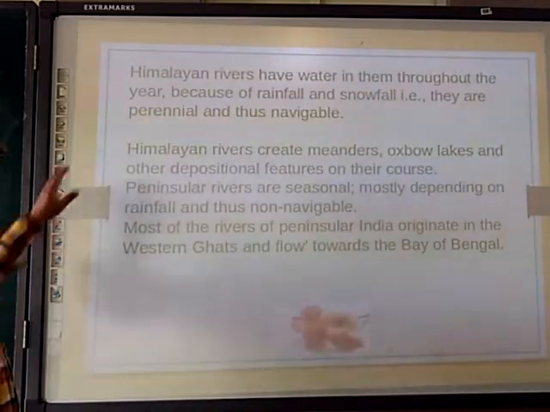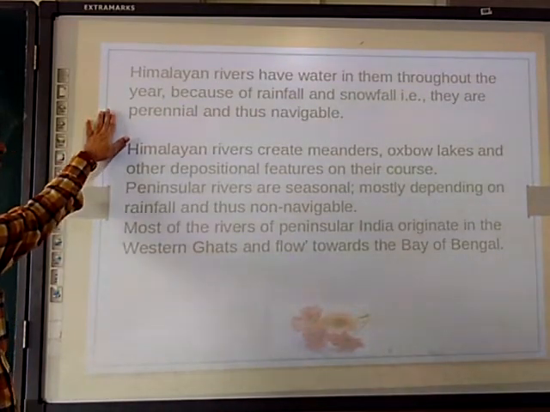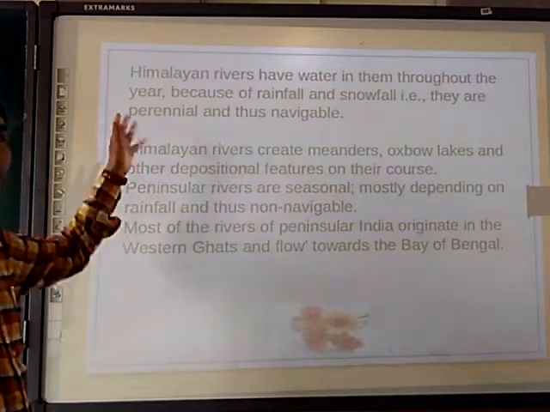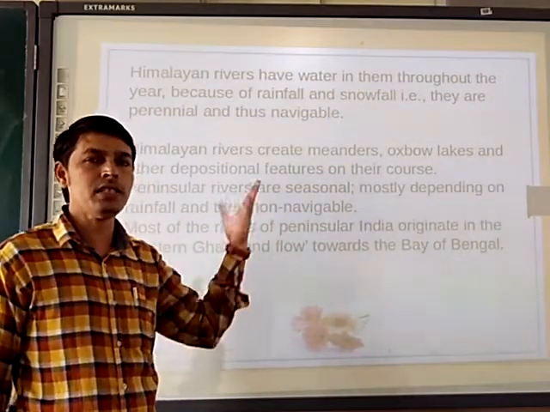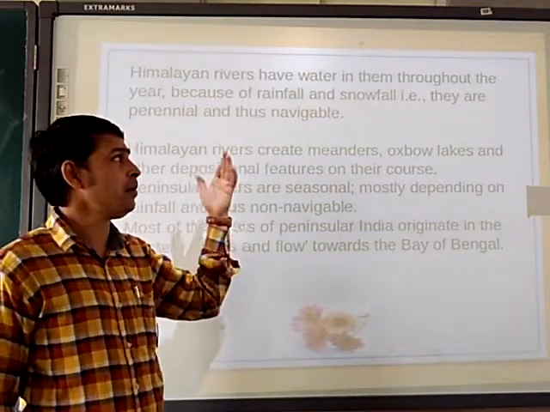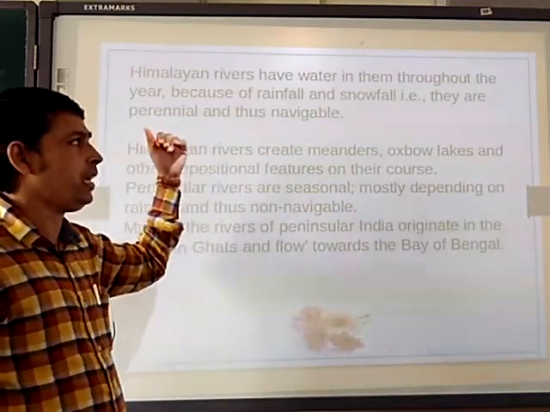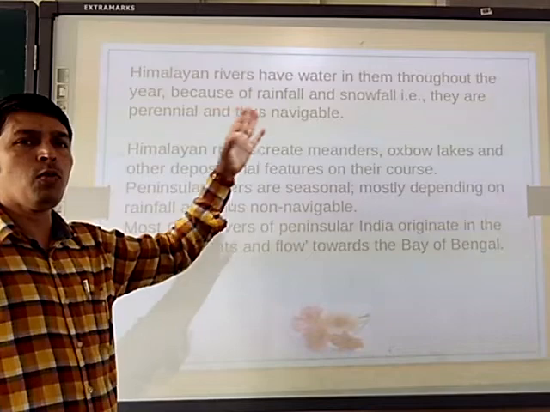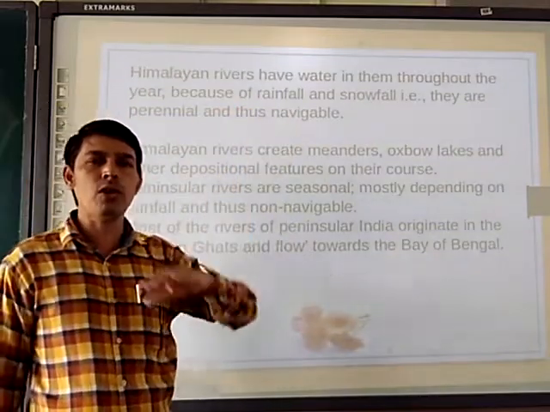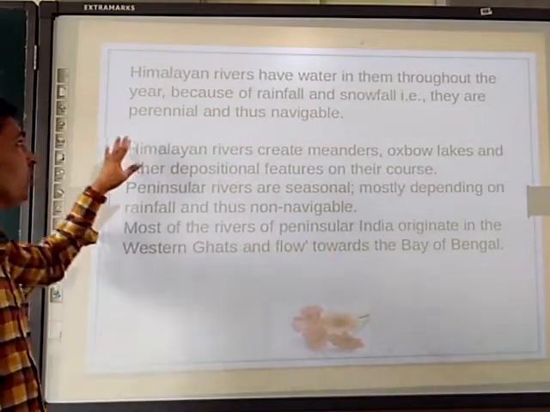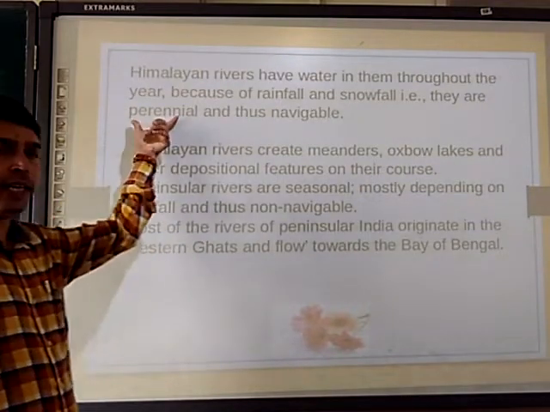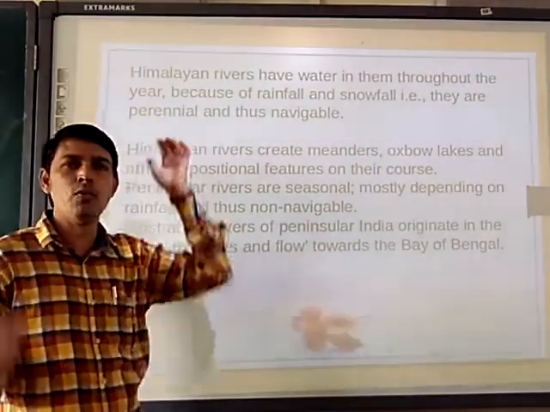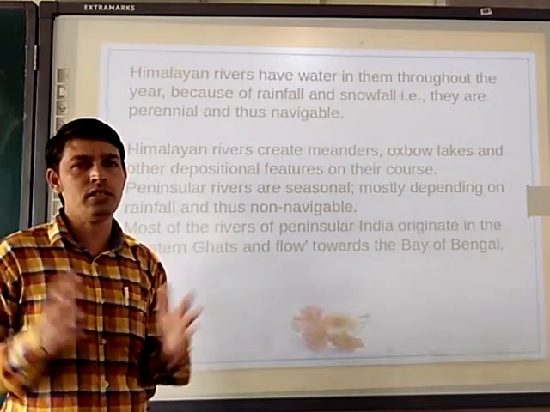Next, Himalayan rivers have water in them throughout the year, because of the rainfall plus the snowfall. In the summer season, the snow melts, and due to that, water is available throughout the year. So they are perennial in nature and navigable. Perennial means the river contains water throughout the year.